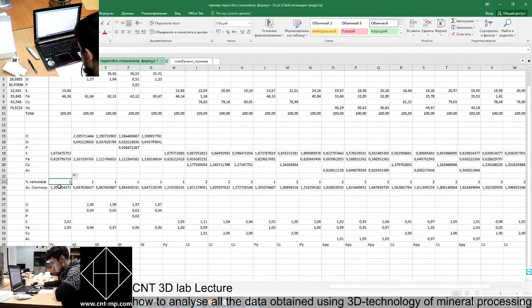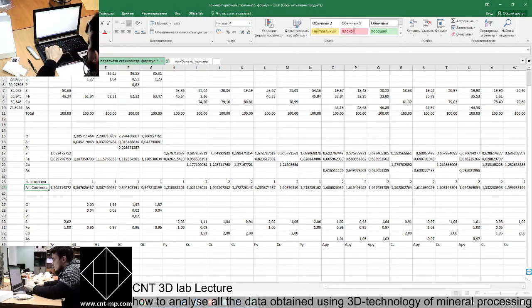So after we received the special coefficient, we also presumed how many cations it has.